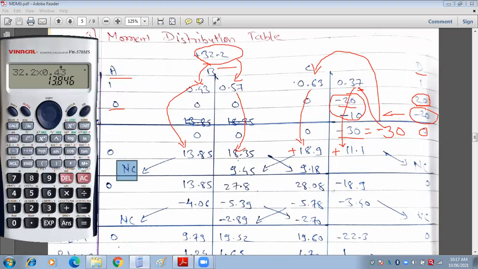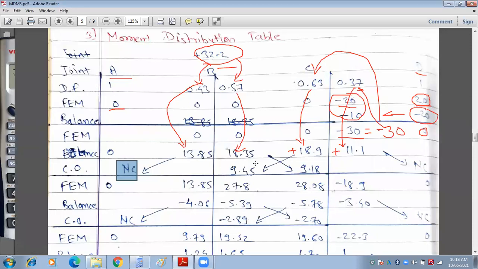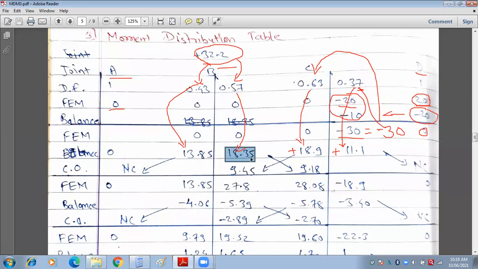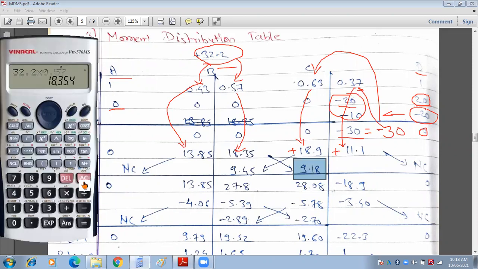Now another balance moment, this 32 multiplied with distribution factor 0.57, 18.35, this moment over here. Now the 50% of this moment is transferred to the far end because support C, or end C, is continuous, therefore divided by 2, 9.18.